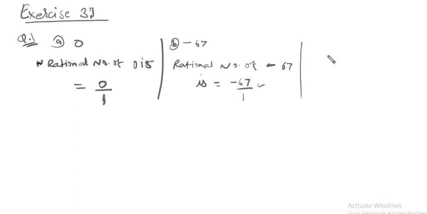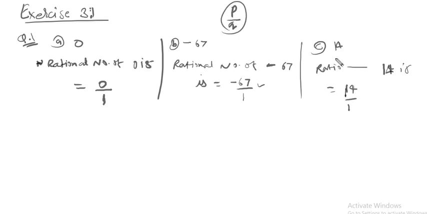This is your answer. C, what is the rational number? The rational number of 14 is equal to 14 upon 1. There is nothing in the denominator, so you can write it. Any number which is in the form of P upon Q, we have to write it in the form of P upon Q. So there is nothing in the denominator, then we can write 1.